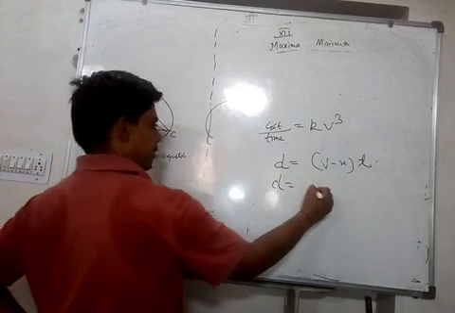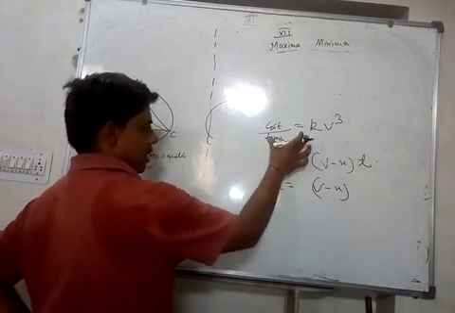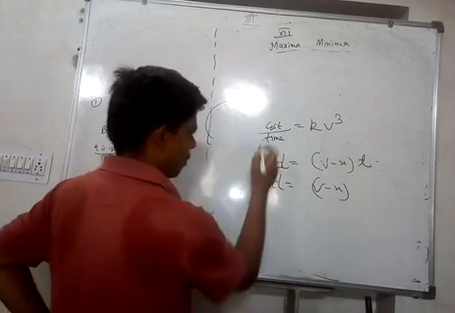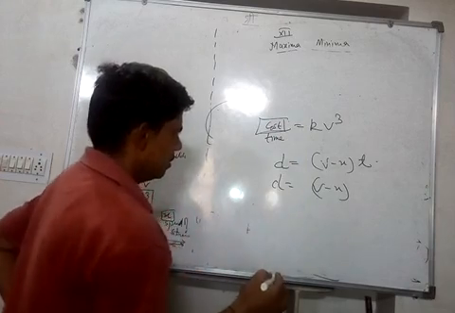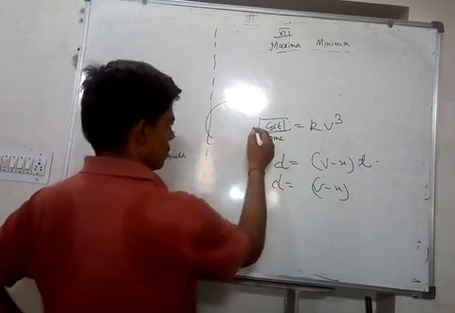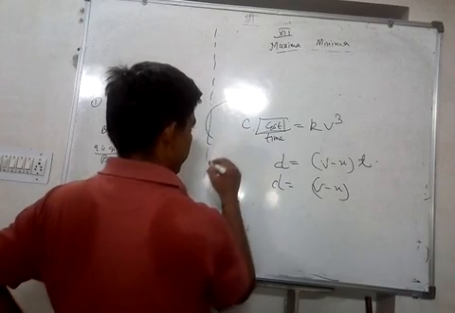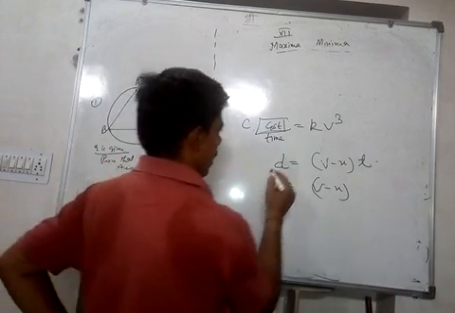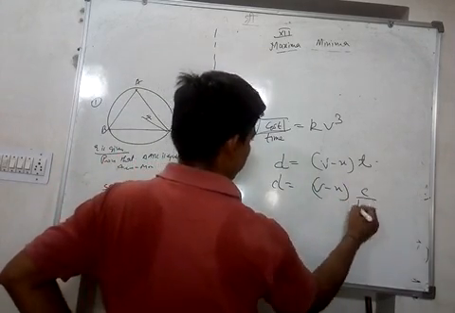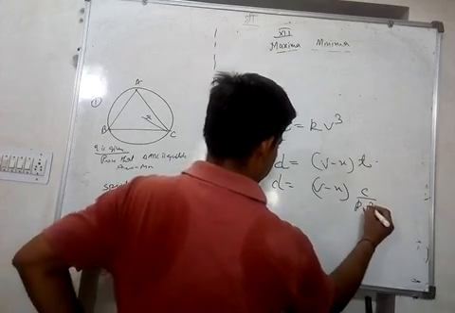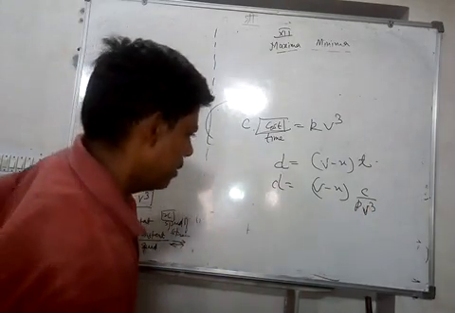So distance traveled is equal to (v minus x) into time, and cost you have to keep as constant. Okay, so this is also constant expense, right? So I am writing this as c, and time is c upon k v cube. This we are getting, right?